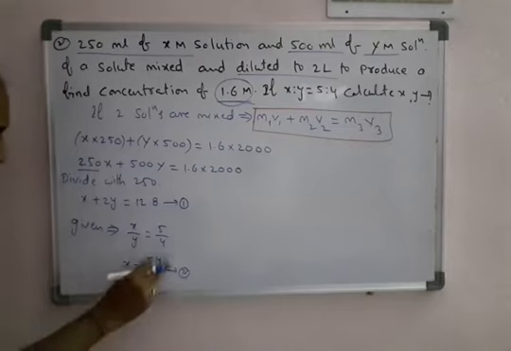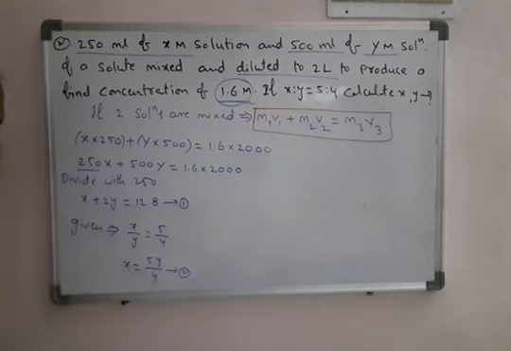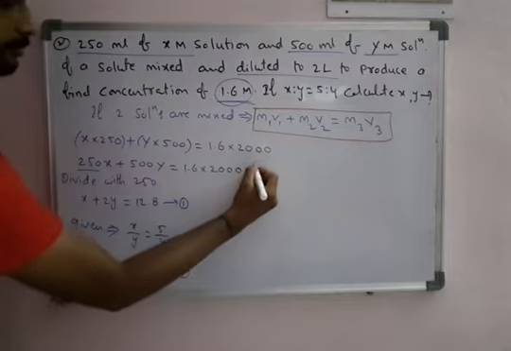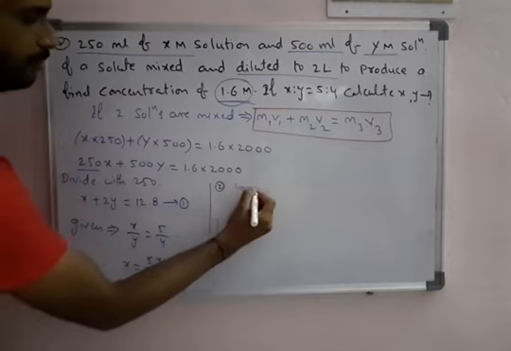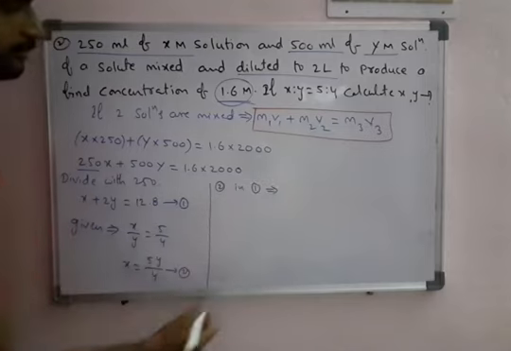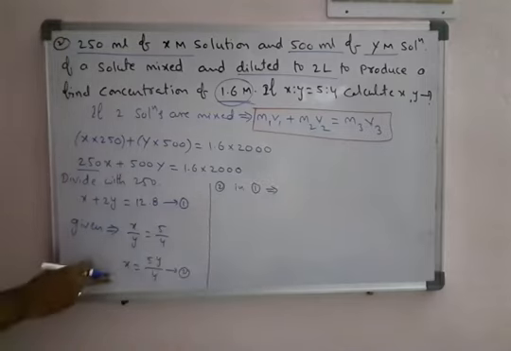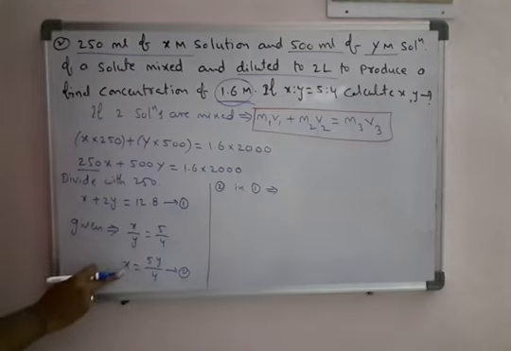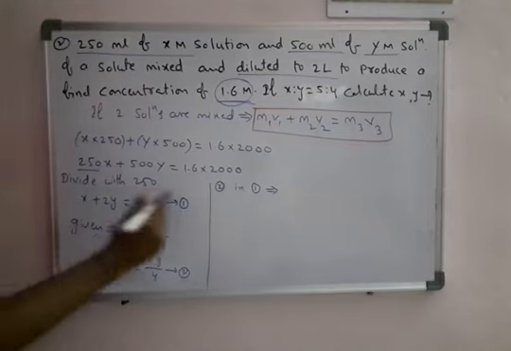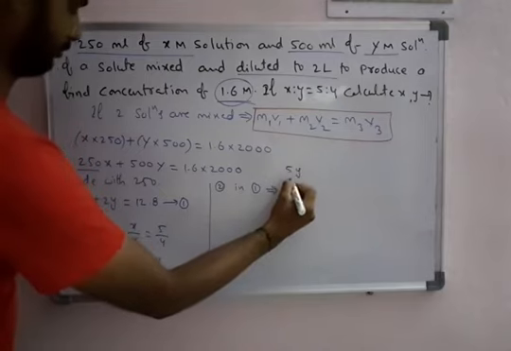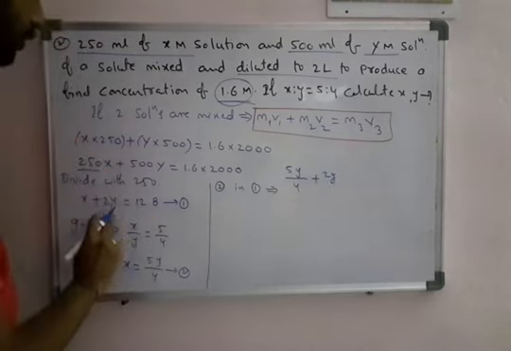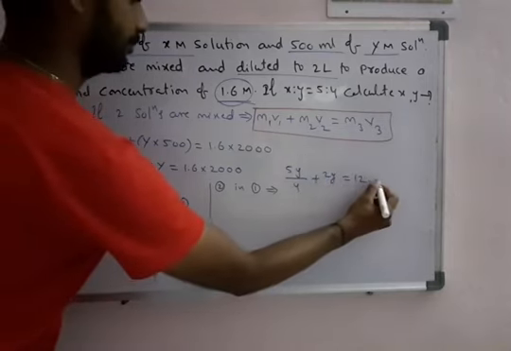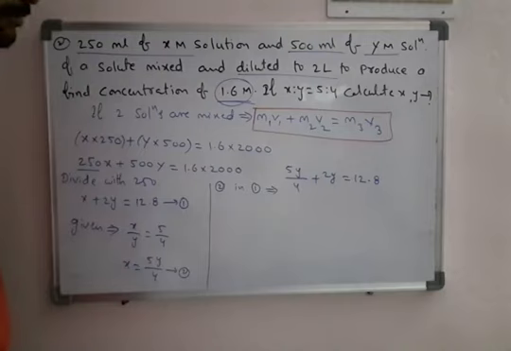Now substitute equation 2 in equation 1. Then in the place of x we can write 5y by 4, plus 2y equal to 12.8.